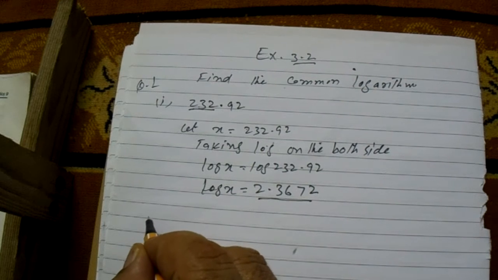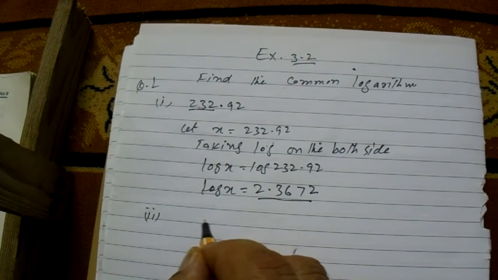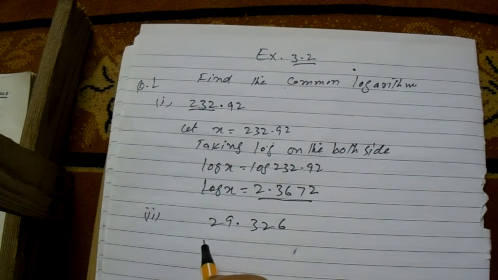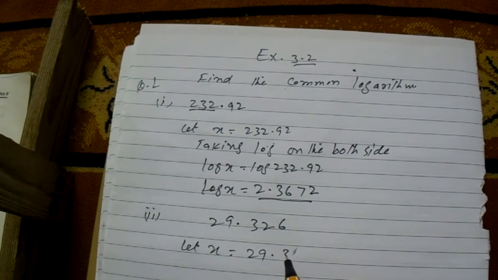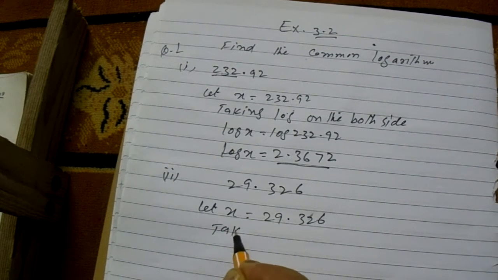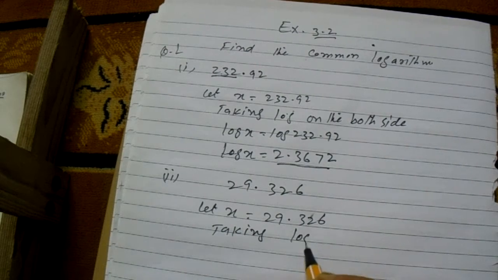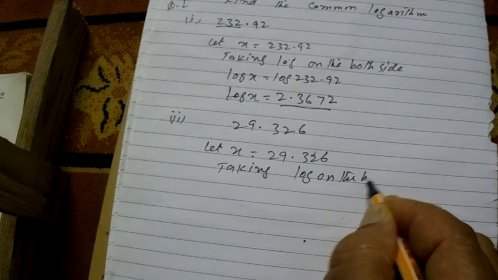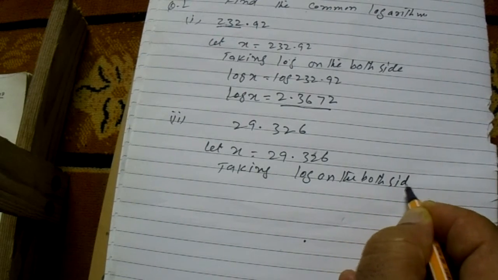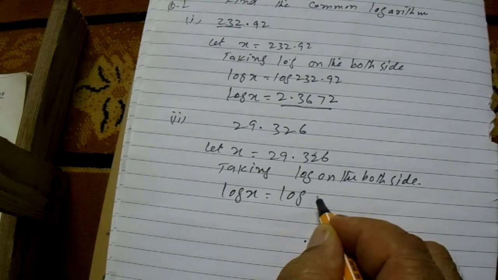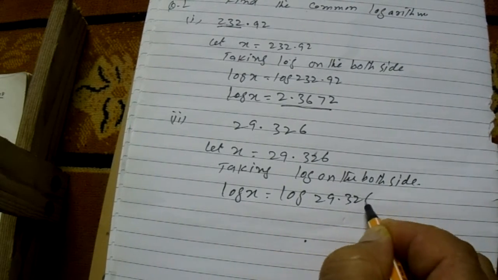Similarly, part 2: 29.326. Again, let x is equal to 29.326. Taking log on both sides, we get log x is equal to log 29.326.